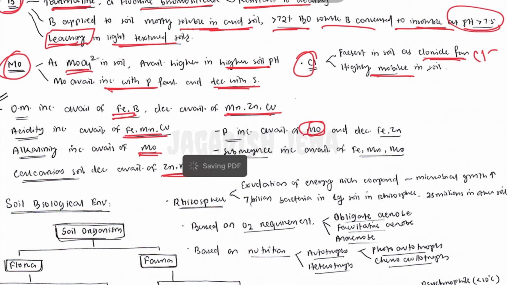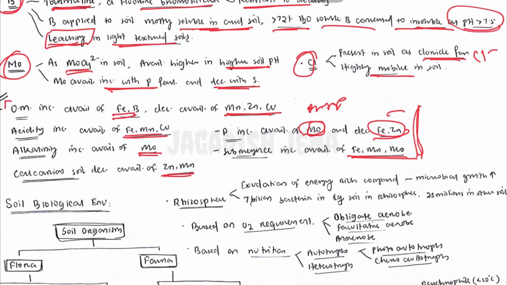So there is a synergistic relationship between molybdenum and phosphorus, and an antagonistic effect of iron and zinc with phosphorus. Then submergence increases the availability of iron, manganese, and molybdenum. These are very important. You have to remember all these points.